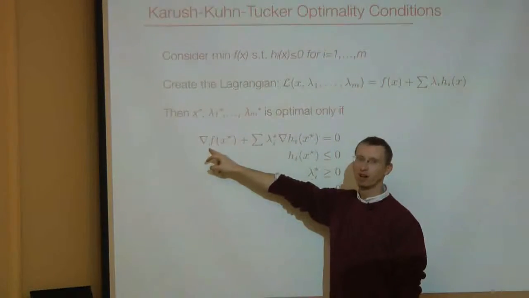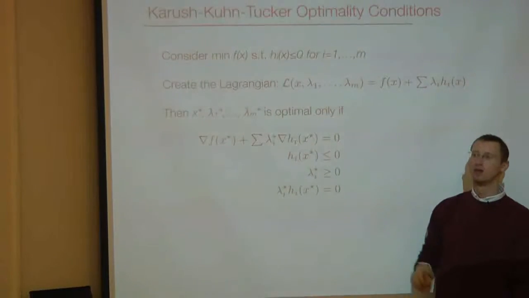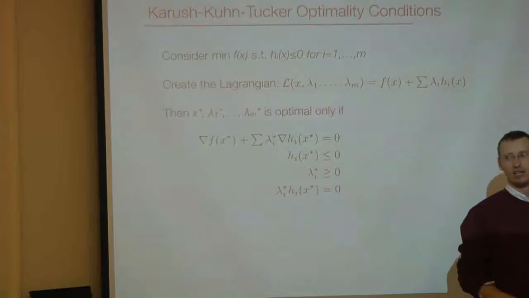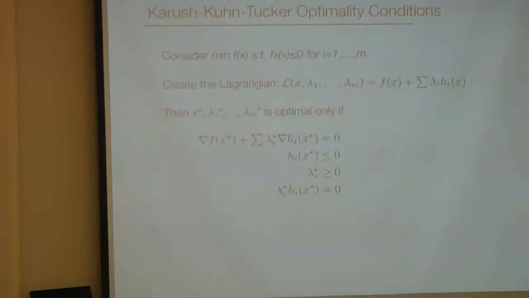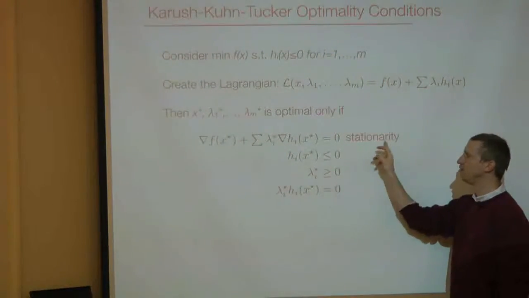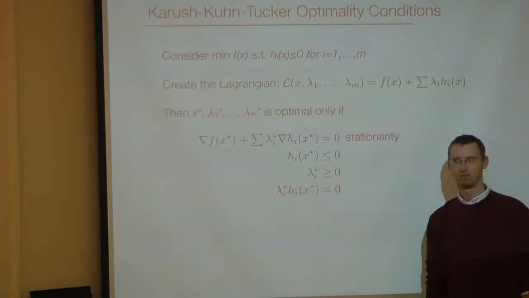The gradient of the Lagrangian must be equal to 0. But if we have inequalities, there are 3 more conditions that need to be satisfied for a point to be optimal. So the first one is the gradient of the Lagrangian being equal to 0. This condition is technically called the stationarity condition.